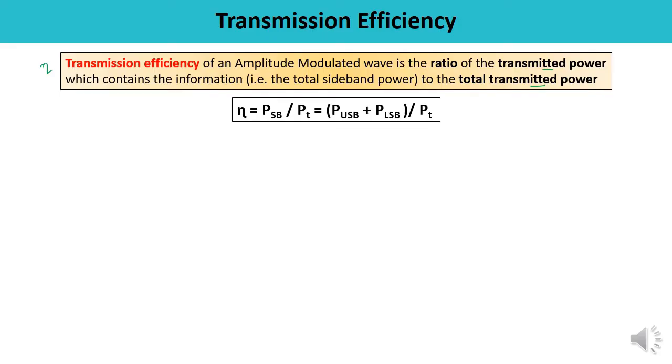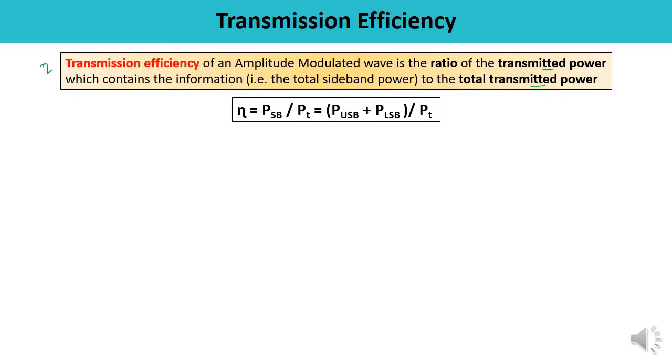You must remember that the large carrier power PC is transmitted every time along with the sideband powers. That is only for our convenience and for some sort of detection, but the useful message is present in the sidebands only. So eta is the sideband power upon the total power.